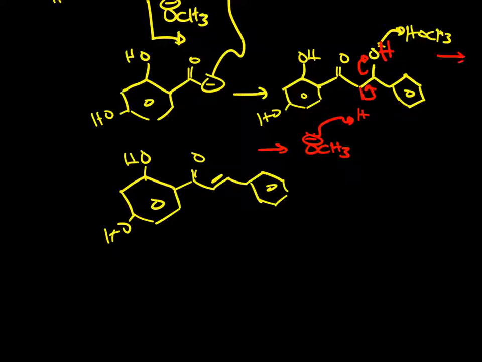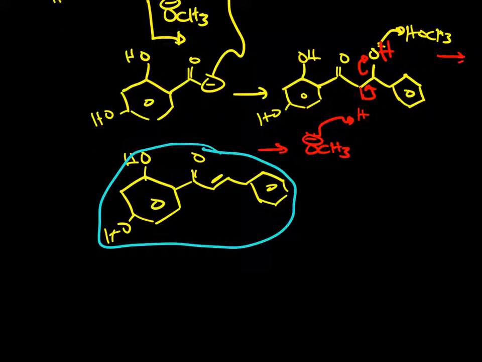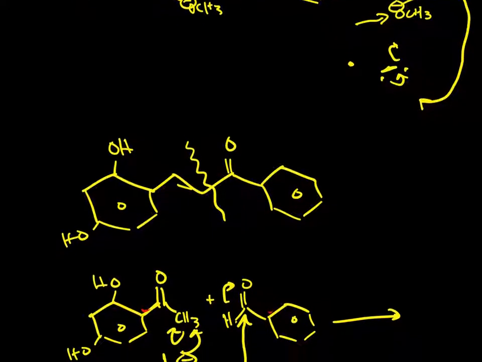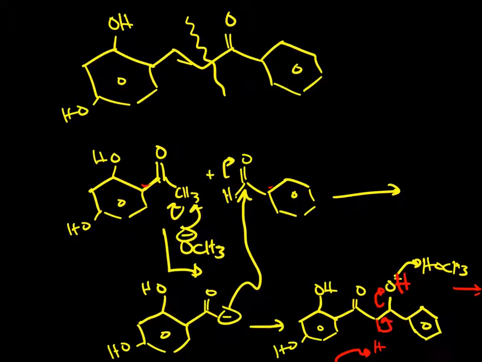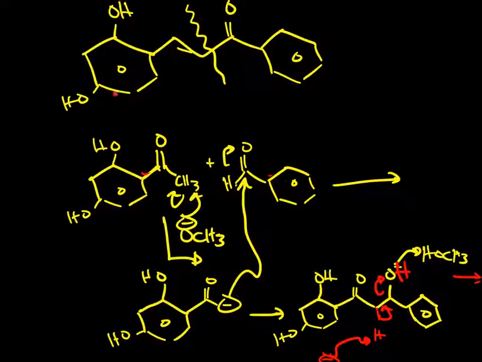But does this product look like the product that we started with? Is this the product that we were trying to find its reactants for? Let's go ahead and look, right? So we had a benzene ring here with the OHs coming off of it, we had a C double bond C, then we hit the carbonyl, okay?